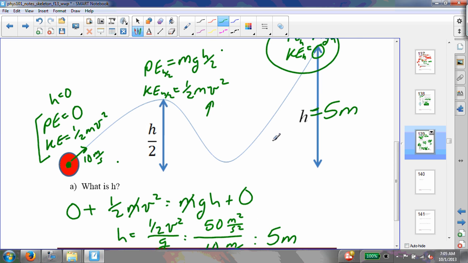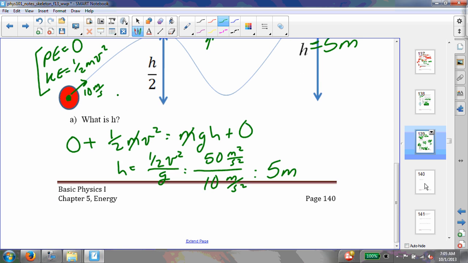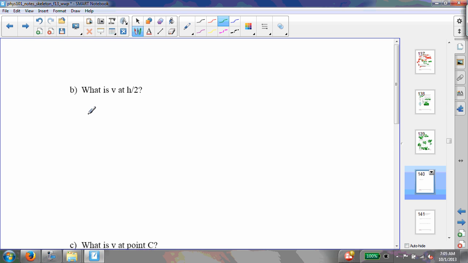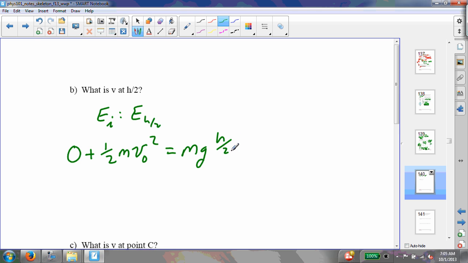All right, so you can do this in any way. I will take my initial energy and set it equal to my energy at h over 2. And that's going to be 0, which is my potential energy, plus 1/2 m v naught squared, equals mg h over 2 plus 1/2 mv squared.